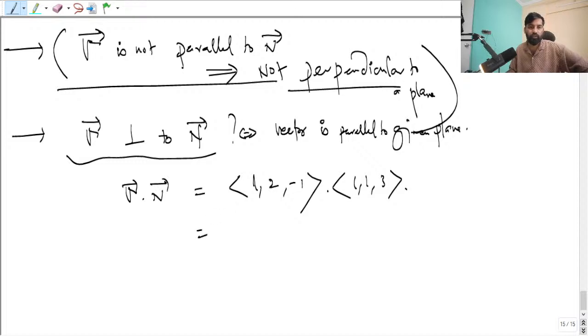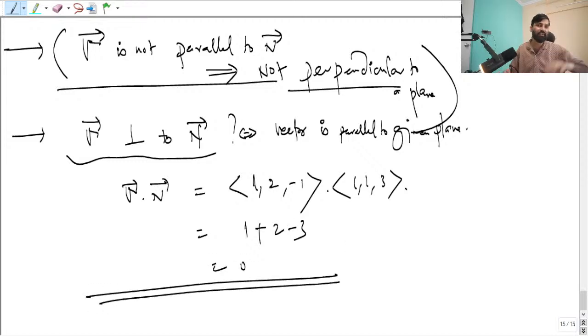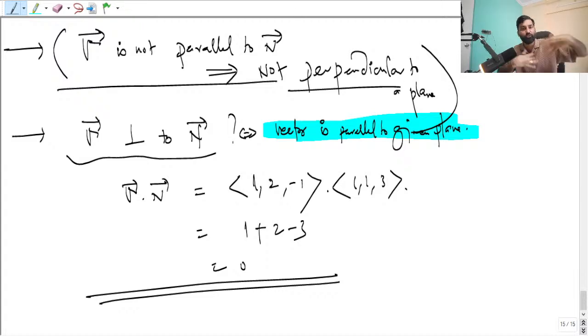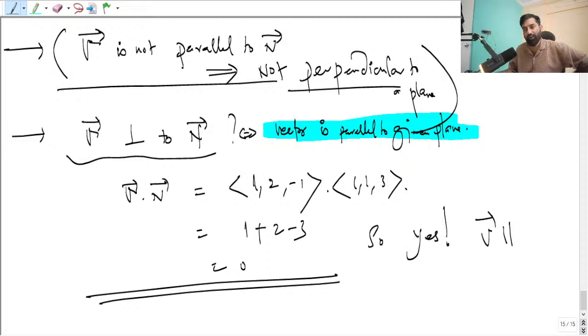If you take the dot product, it is 1 plus 2 minus 3, which is 0. Yes. So you can say that the given vector is parallel to the given plane. It's a very important result, right? So what is your answer? Your answer is yes. Geometrically, v is parallel to the plane.